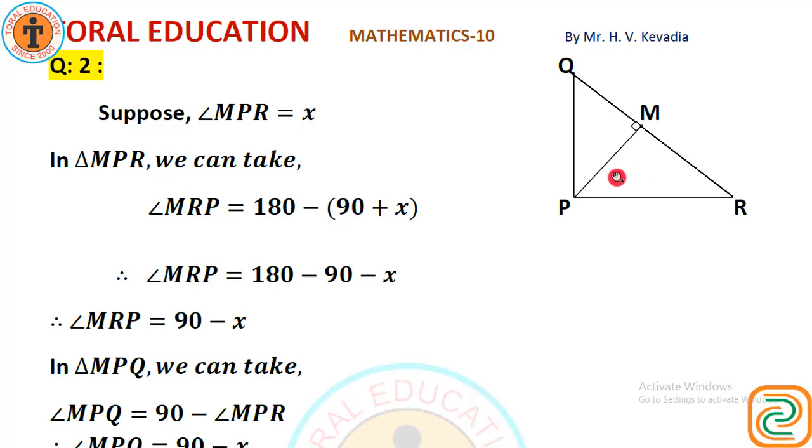So if we want to take MRP, then M is 90 and this one is X. So when we want to get R, we must subtract 90 plus X from 180. Here MRP equals 180 minus 90 minus X. 180 minus 90 is 90, so this one is 90 minus X.